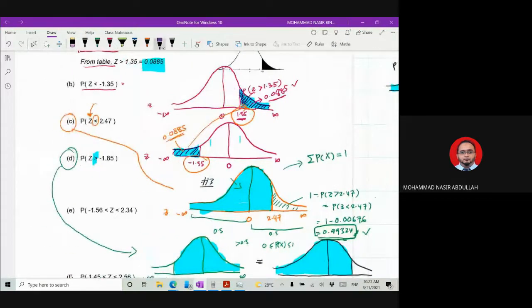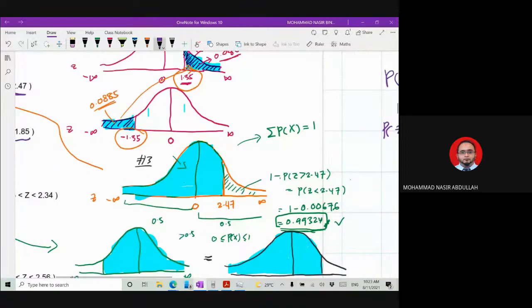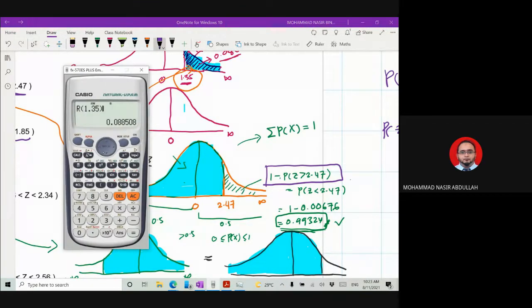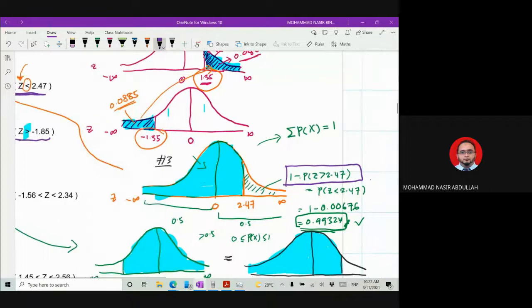Probability of Z less than 2.47. We know that we need to subtract from 1, since it is on the right hand side. So we press the same thing, 2.47, and don't forget 1 minus. So we will get 0.9932443 from the calculator. So this is how we use calculator.